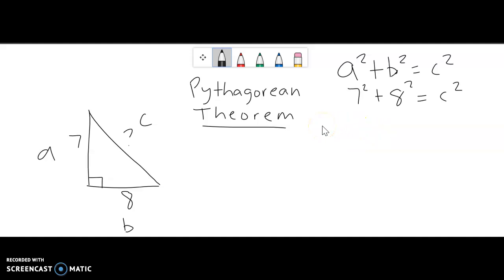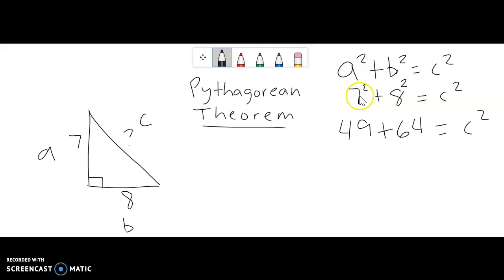So 7 squared is 7 times 7. That would be 49. 8 squared, maybe I can write this little square for you a little bit better. 8 squared is 8 times 8. That's 64. So I knew that A was 7, so I put it in there. And then I did a calculation.